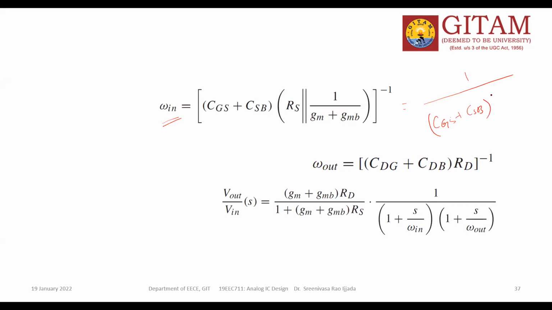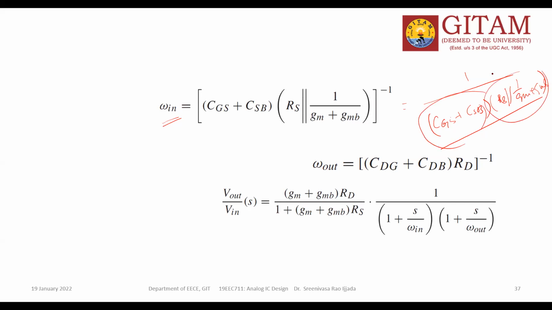Now the resistance is required, multiplied with the capacitance: RS in parallel with 1 by (GM plus GMB). This is omega input pole. Input pole is equal to 1 by the capacitor times the resistance.